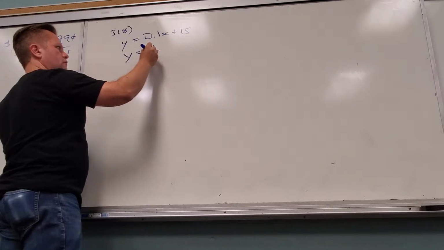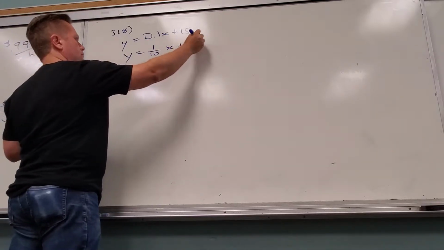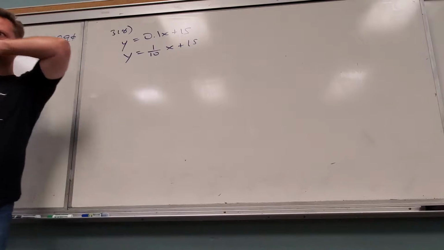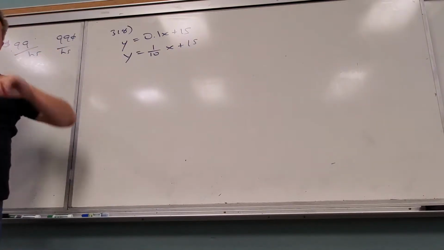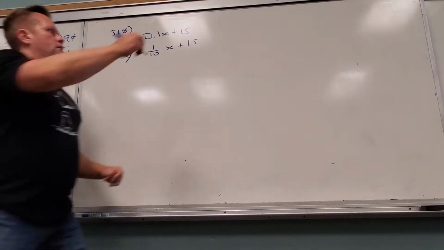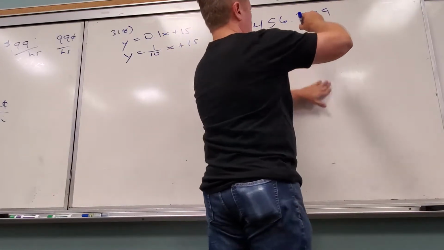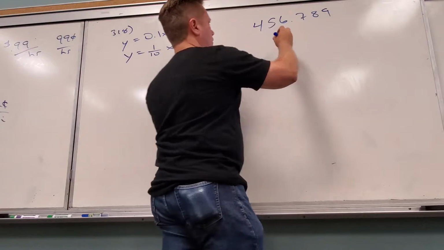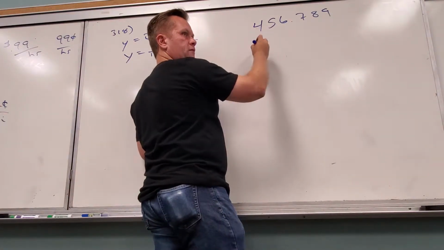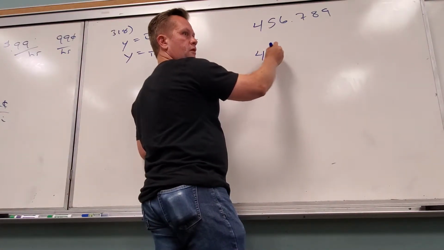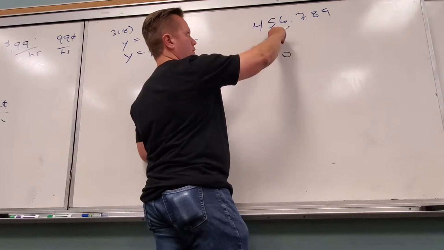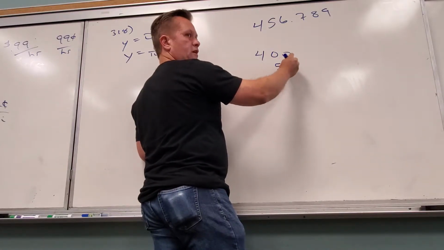1 tenth, right? That's 1/10. How did you do that? All right. This represents 4 whats? Hundreds. This represents 5 tens, 50, right?